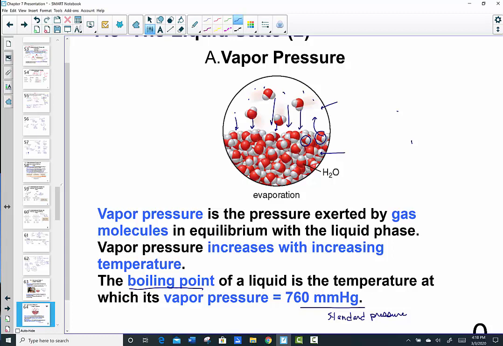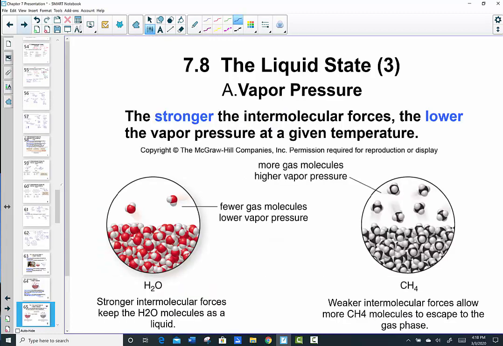So, how do intermolecular forces affect vapor pressure? Remember, the stronger the attraction that the liquid has, they're going to stick together. So high intermolecular attractions kind of prevent the molecules from evaporating, and thus they'll have low vapor pressure.